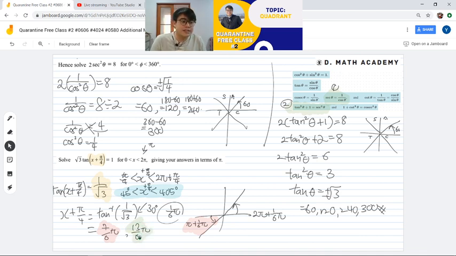So the 2 pi is actually our 360. Okay, and after adding 1 over 6 pi, it still falls within the range that the question has changed. So the answer will only have two results, which is this 7 over 6 pi and 13 over 6 pi.